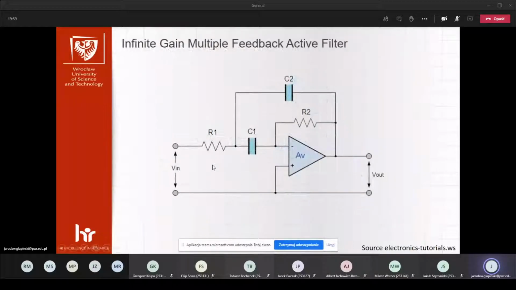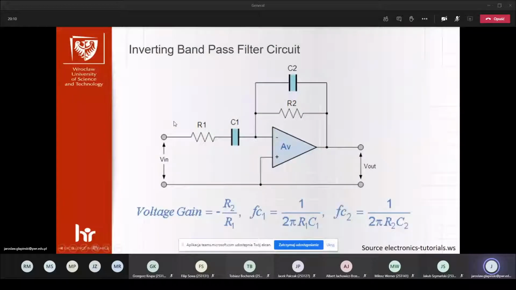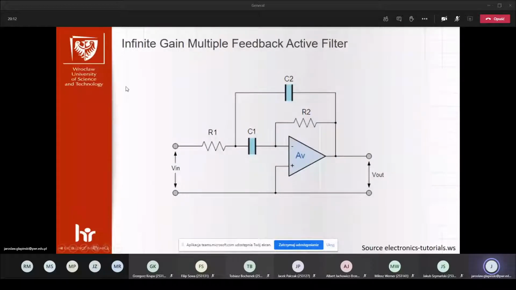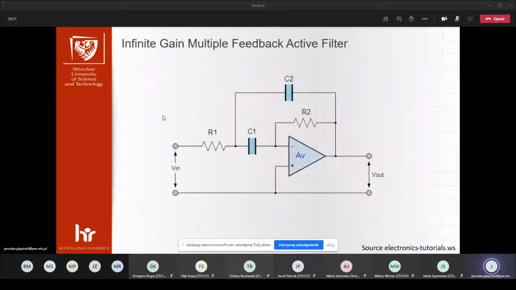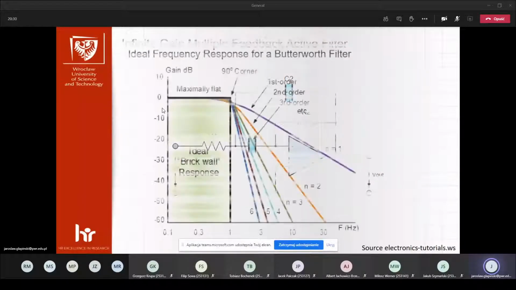So we can calculate the cutoff frequencies and bandpass of the filter. This is the same situation, so we can calculate these elements. This was the inverting configuration, and this is the infinite gain feedback. So we have different designs of filters.